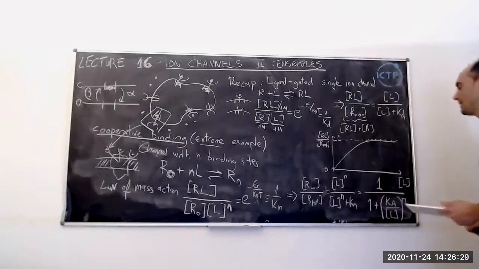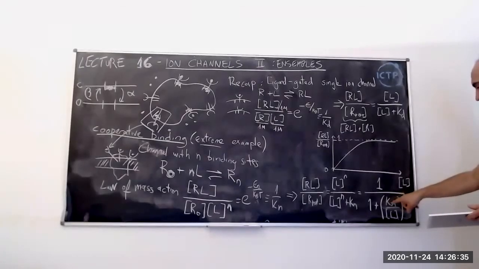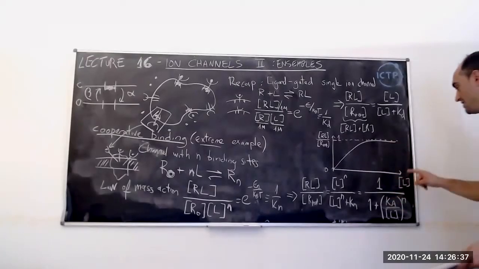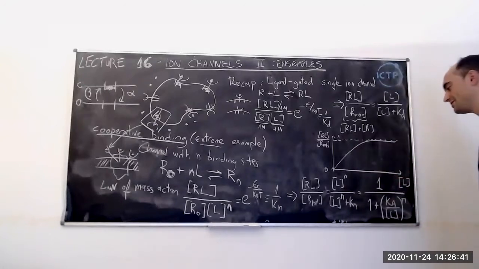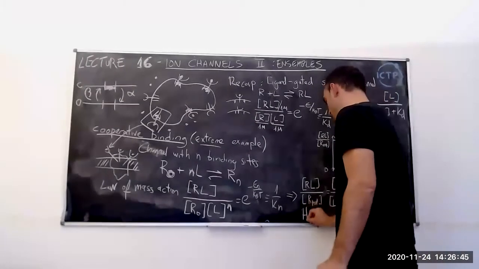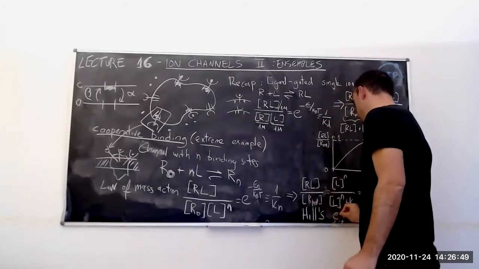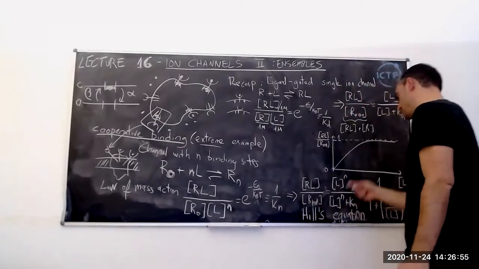What is Ka? The Ka is the ligand concentration at half occupation. So I will draw now the curve and you will see. This type of equation is famous in chemistry and it's called Hill's equation. And for example, the Michaelis-Menten theory has this type of shape.